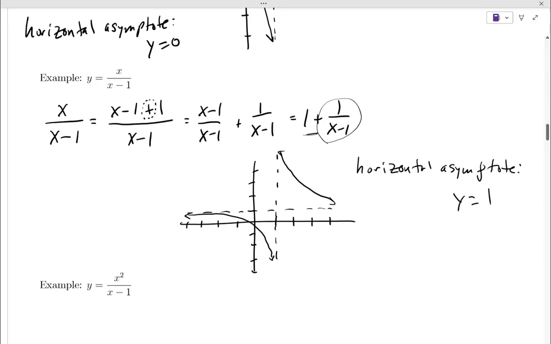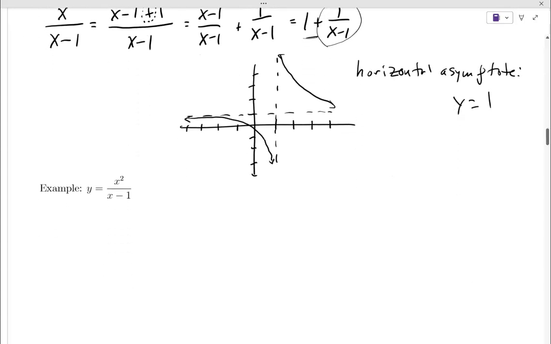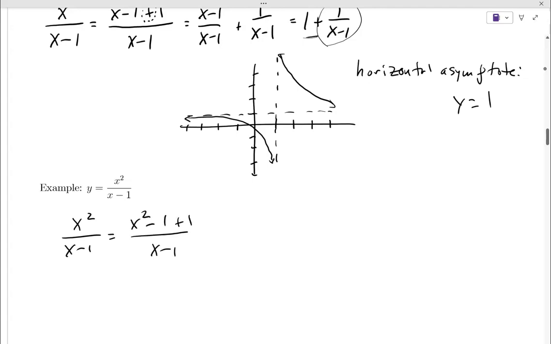Let's do this next one. I can be equally as clever like we just did in the previous one. Like I said, we're not going to do this every single time, I promise. I'm going to do the exact same thing I did in the previous one. Let's add and subtract 1, and split it at the plus sign.